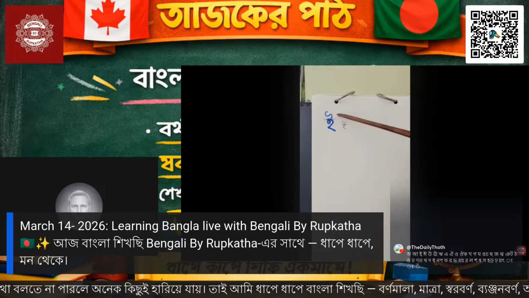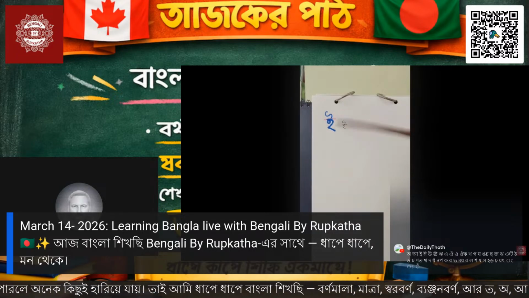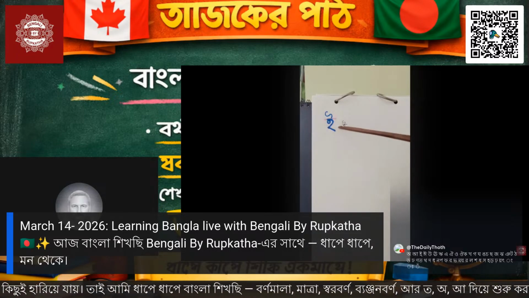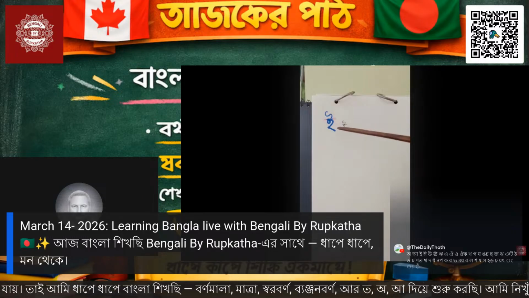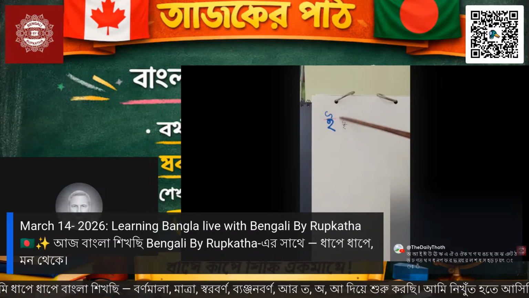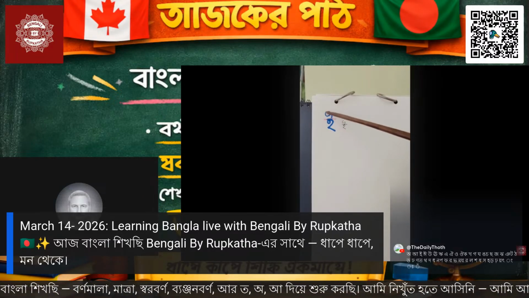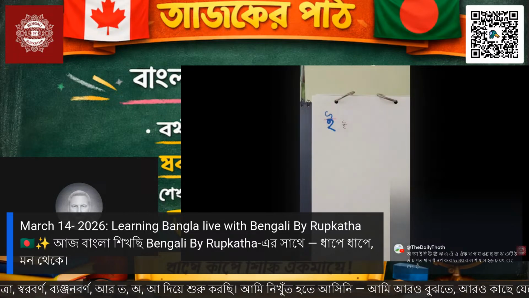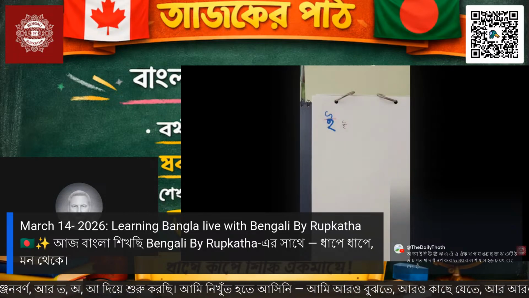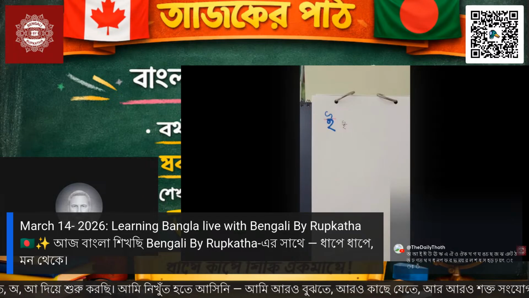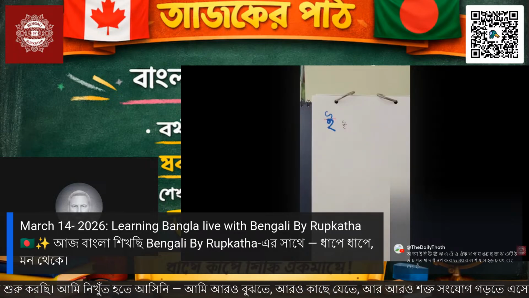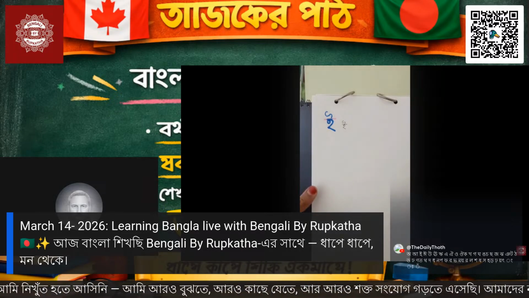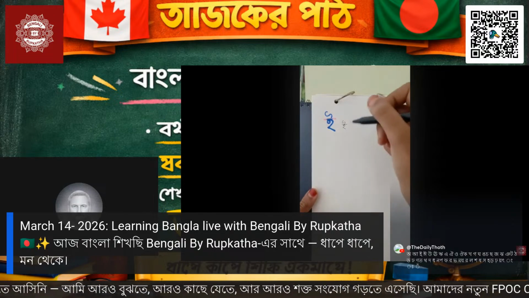There are some letters like this which go beyond the line in some ways, sometimes above, sometimes below. So this one, E, has one part of it that is above the line, above the matra. And there are two types of E in Bangla, two types of Shorovarno E. This one is called Rasho E, which means short E.